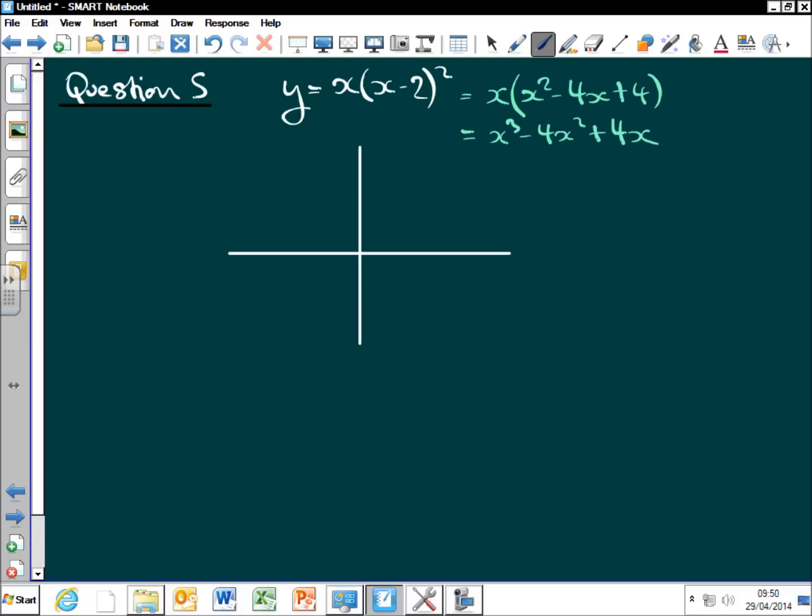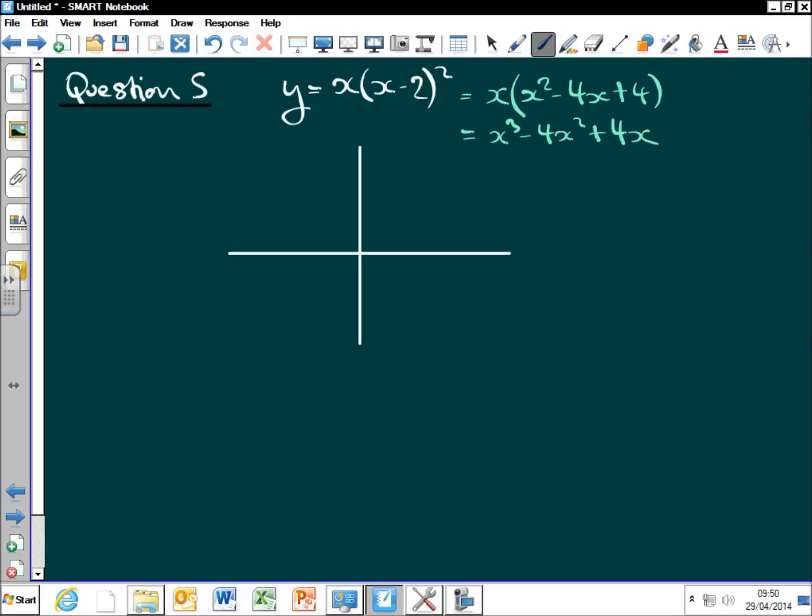Okay, but you can see in the form that we've got it in here, we've got x multiplied by x minus 2 multiplied by x minus 2. So we've got one factor x, and then the repeated roots.